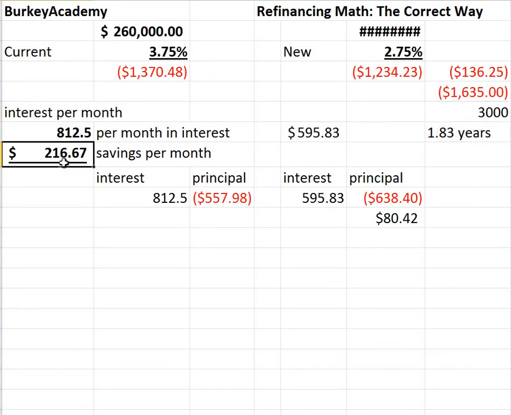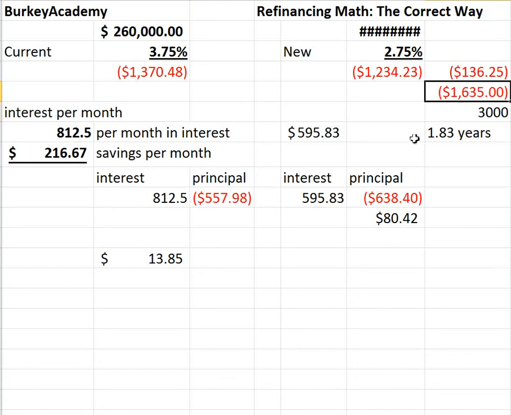If you use this number, which is the true number, the 136 plus the 80, how long is it going to take you to break even? Well, let's calculate that. Equals $3,000 divided by the 216.67. Sorry, I've done something wrong here.